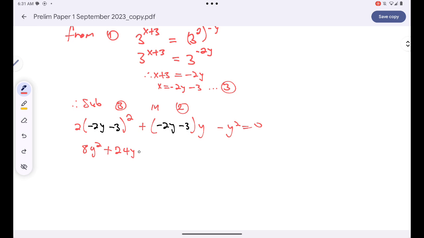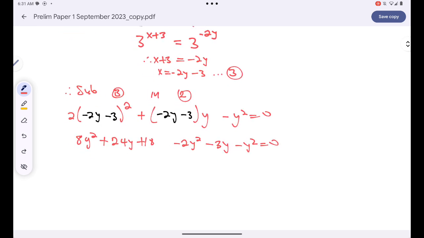And then 9 times 2, that's 18. And on the other brackets, I'll have negative 2y squared minus 3y minus y squared is equal to 0. Okay, 8y squared minus 2y squared minus y squared will give me 5y squared. And then 24y minus 3y will give me 21y. And then I have plus 18 is equal to 0.